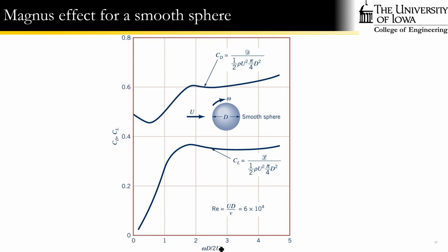It turns out that with the conditions given, our omega d over 2u works out to be about 0.995, so that means we're running right around here, and we get a drag coefficient of about 0.5 and a lift coefficient of about 0.25.